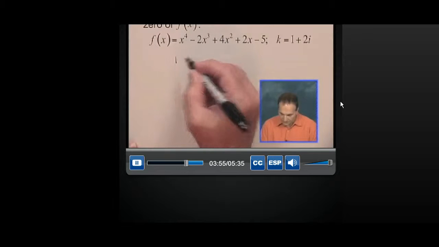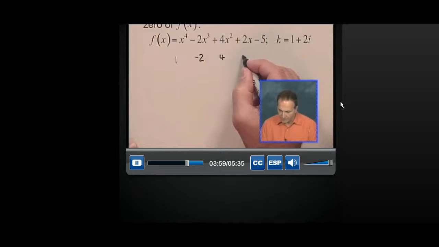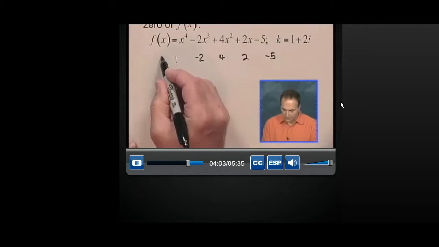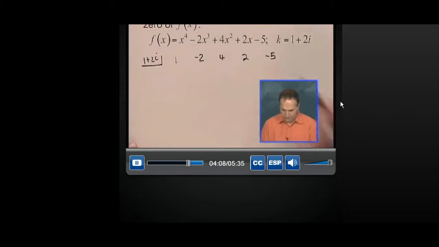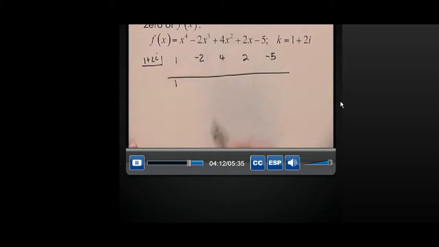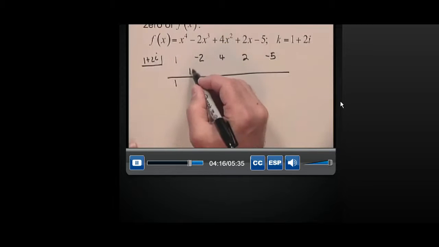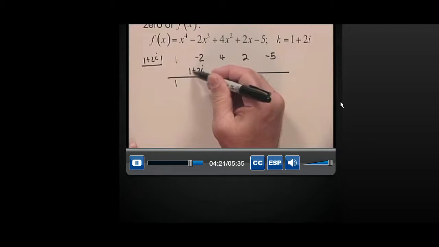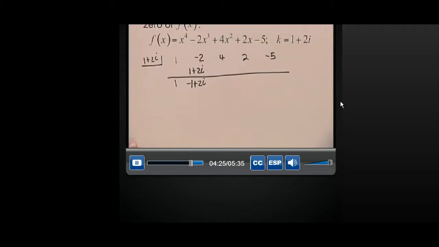So we have 1, the minus 2, the 4, the positive 2, and the negative 5. We're going to divide that by 1 plus 2i. So to begin, we bring down the 1. We multiply the 1 times 1 plus 2i. We add together negative 2 plus 1 plus 2i, that's negative 1 plus 2i.